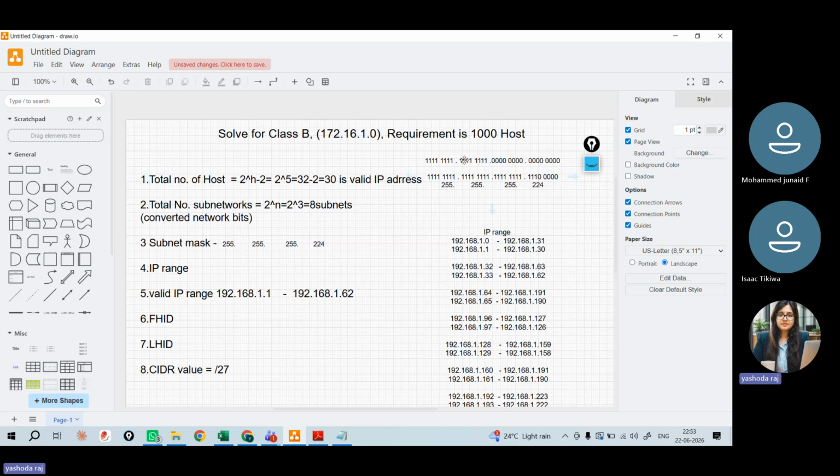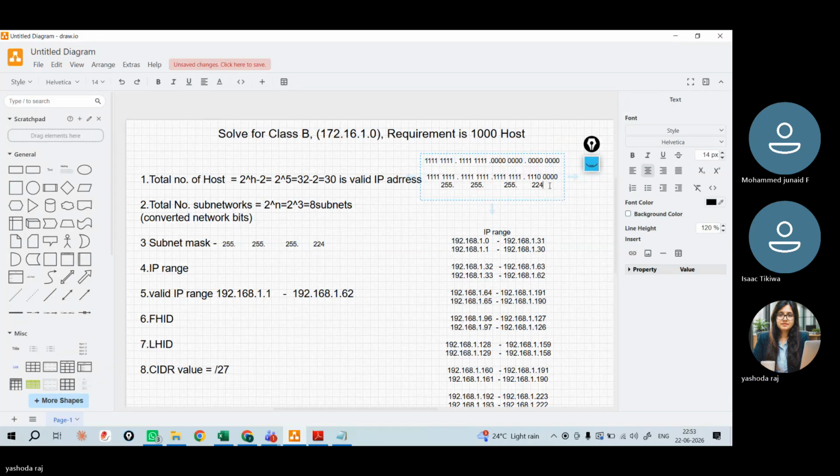That means 16, 8 plus 8. 16 is for network bits, 16 is for host bits. How are you going to perform this?